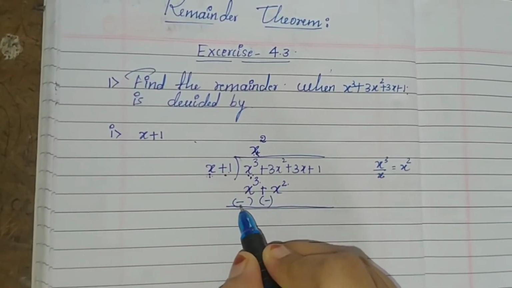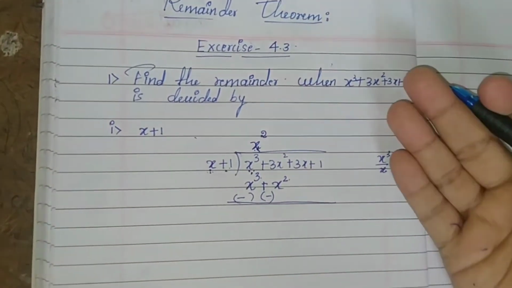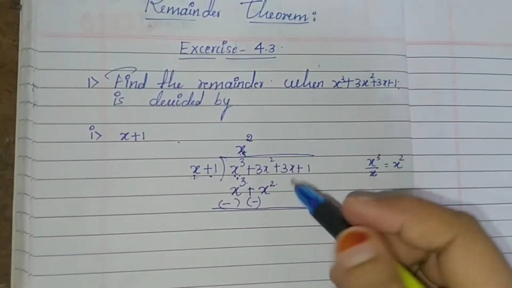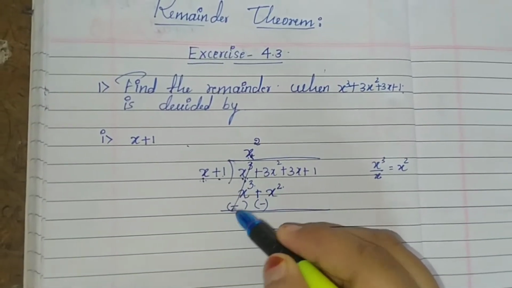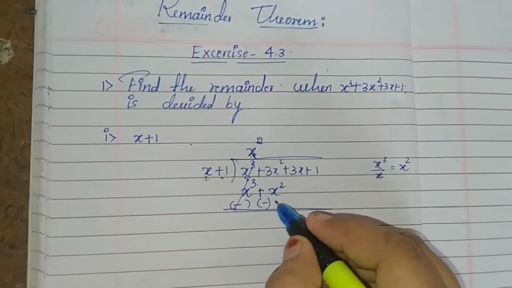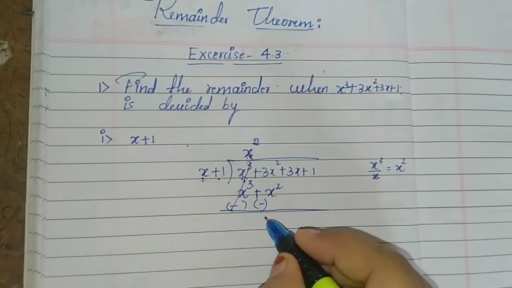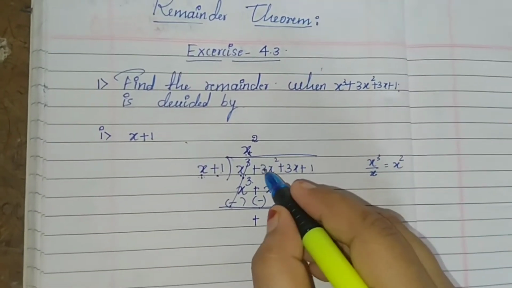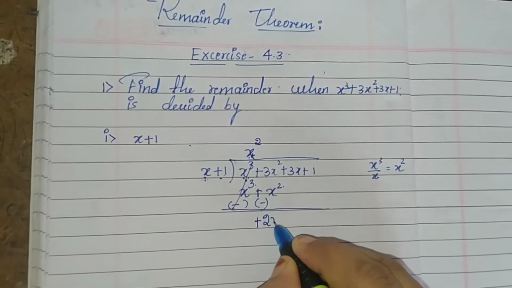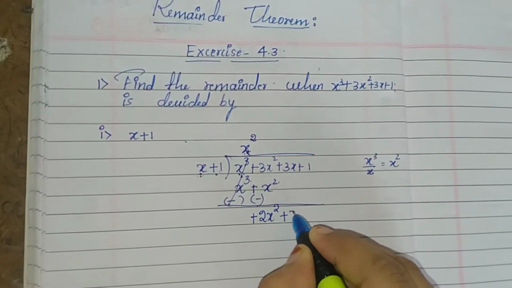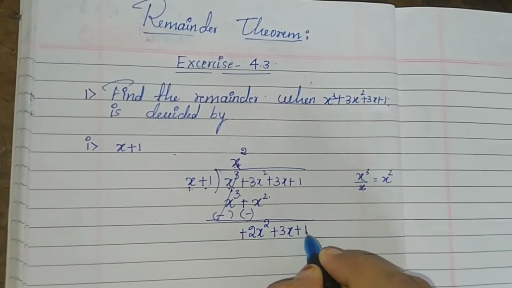In place of plus you put minus, in place of minus you put plus. Now x cube and x cube will get cancelled. What is remaining here? Plus 3x square minus x square. Here the bigger number's sign is plus, 3 minus 1 is 2. So 2x square plus 3x plus 1.